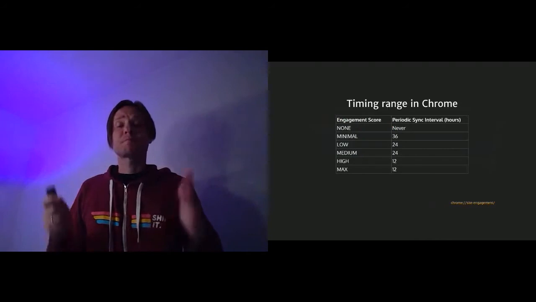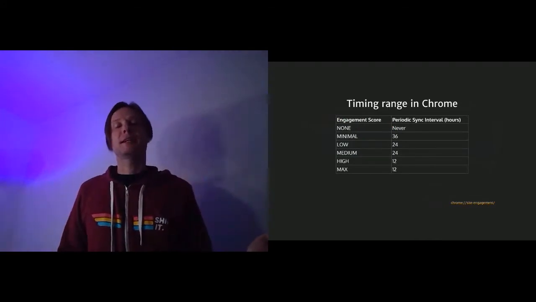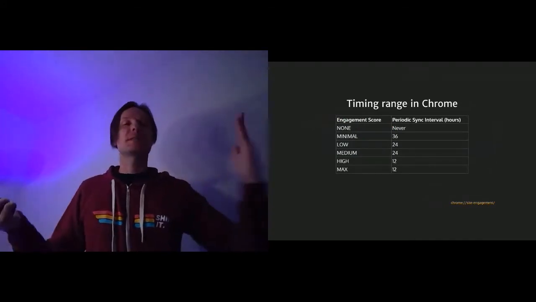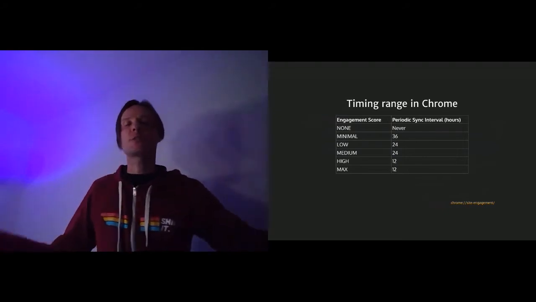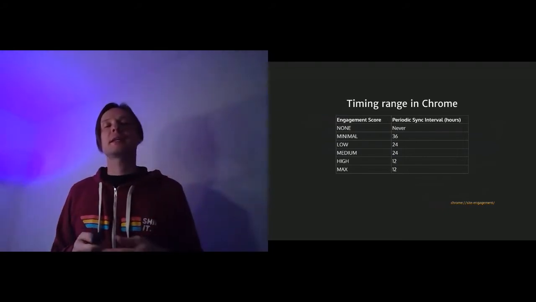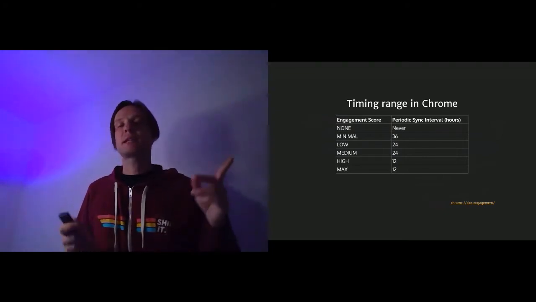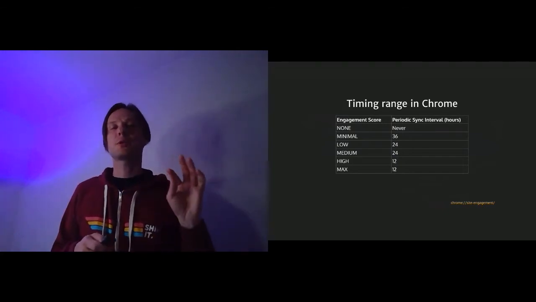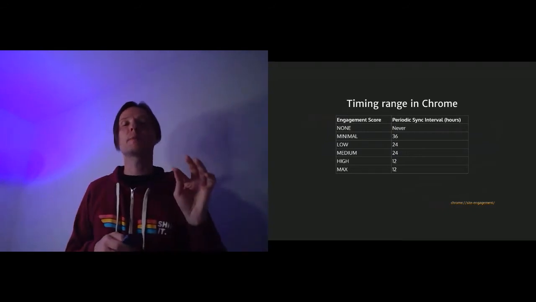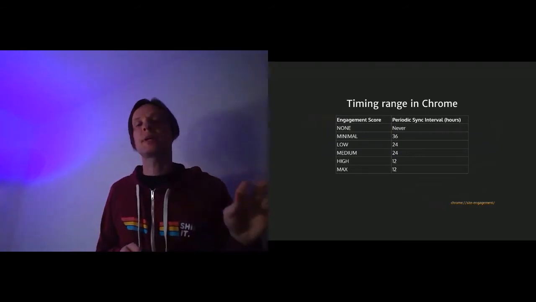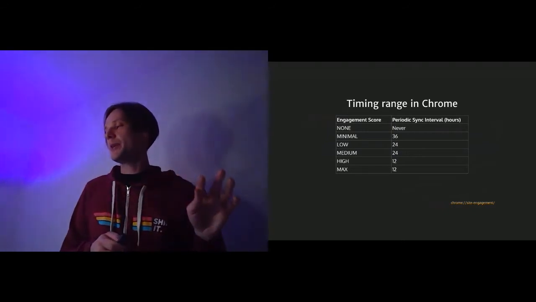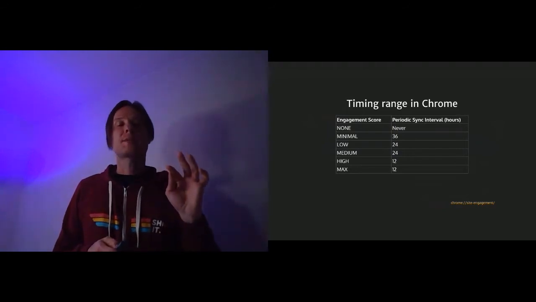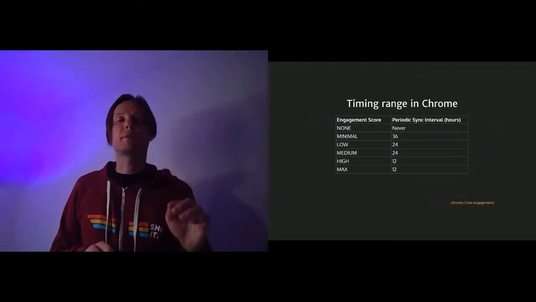Okay, about the timing. Are we talking about seconds or hours or days? This is a table I found somewhere on GitHub to give you a bit more details on the particular implementation of periodic background sync in Chrome. And you see here that in the best case scenario, it's about 12 hours.